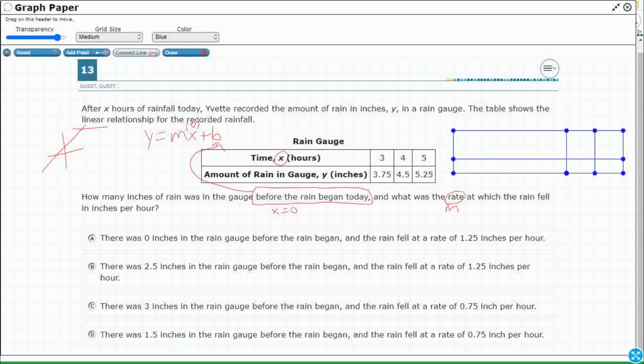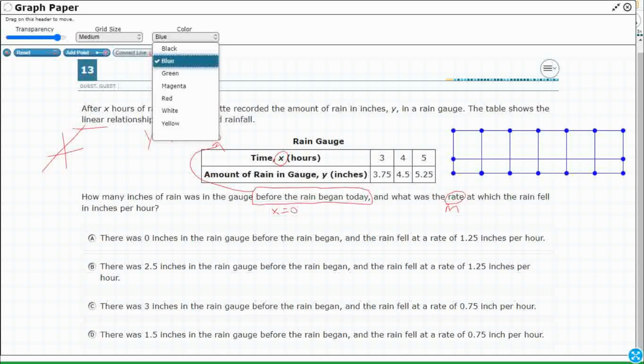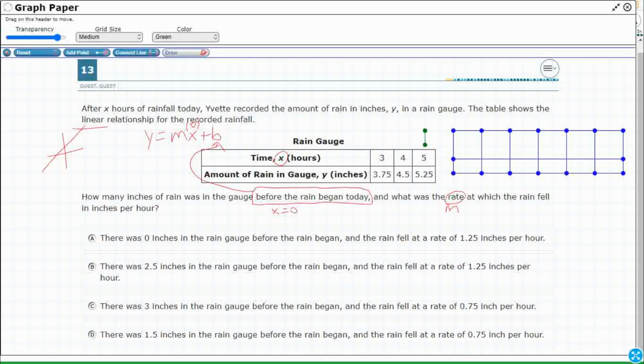So I'm going to put my 5, my 4, my 3. I'm going to extend that down to 2, and my 1, and my 0. That's what I'm looking for right there. So my time is still going to be on this top row, and that's x. And I'm still going to have my rain. It's still going to be y.